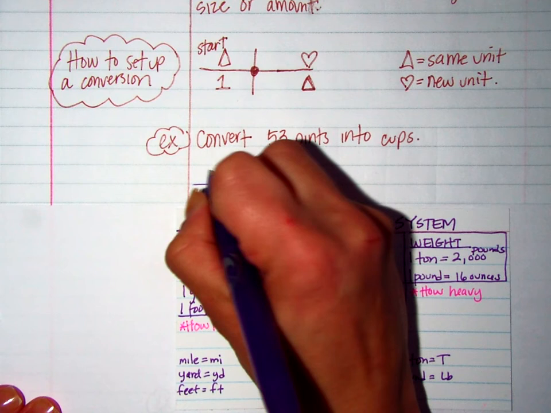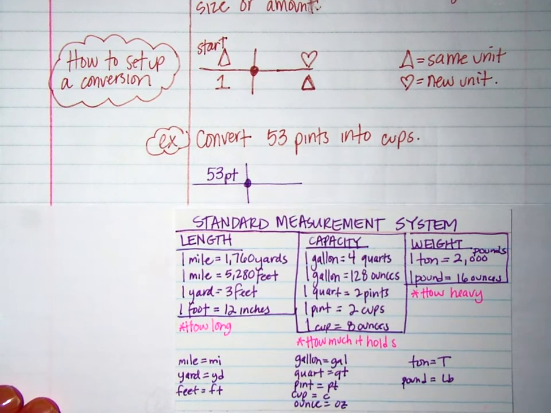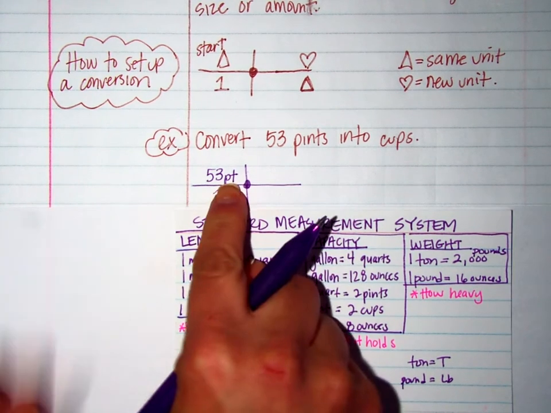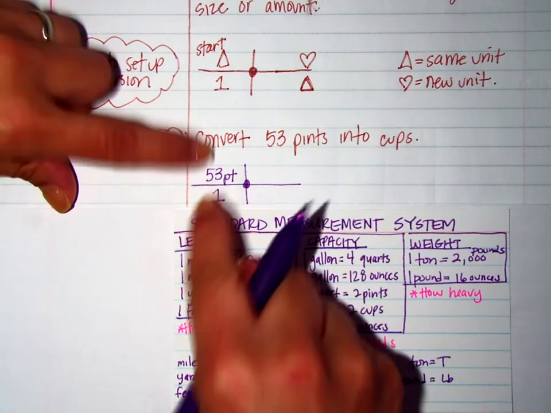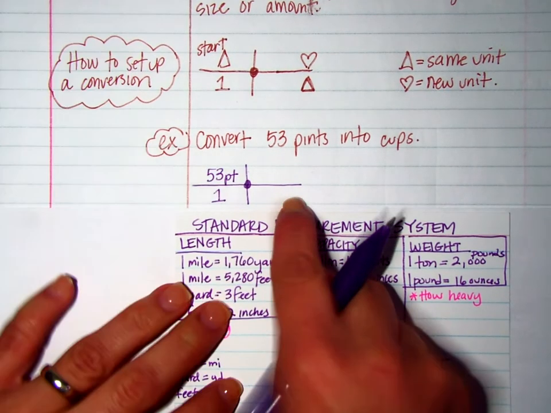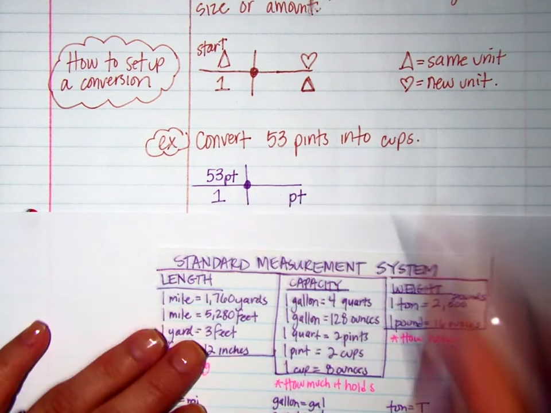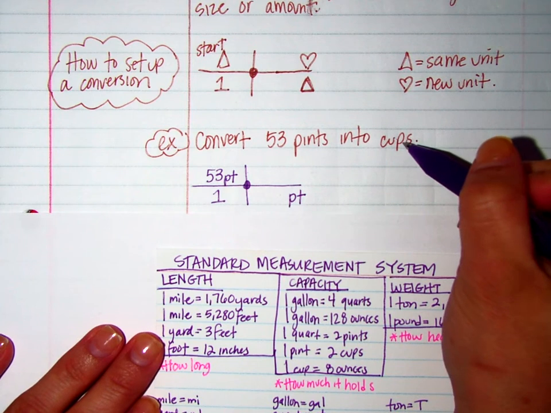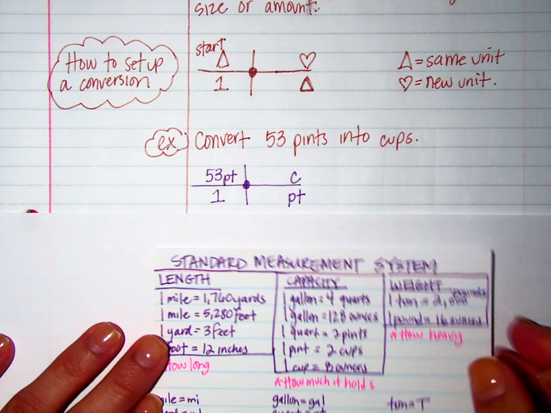So that's going to be 53, and I'm going to abbreviate here, okay, pints over 1. And remember, we want these two to be the same unit. So if pints is here on the top of the first fraction, pints has to be on the bottom of the second fraction, okay? And we want to turn these pints into cups, okay? So I want cups to be on the top, and I'm going to use the abbreviation C for cups, okay?